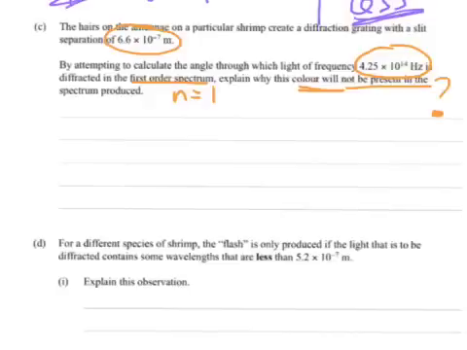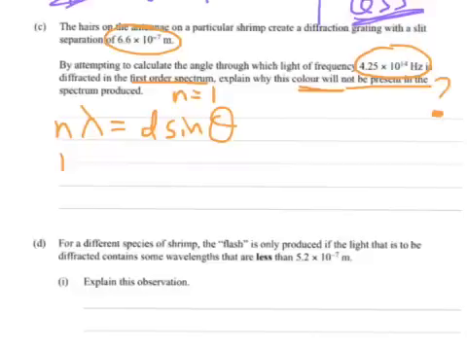So we have to do the calculation. n lambda equals d sine theta, and we're trying to find theta. So n is 1. We've got the slit separation. The light of frequency. Remember, that's a frequency here, so we have to use our wave equation, v equals f lambda, and rearrange to find lambda.